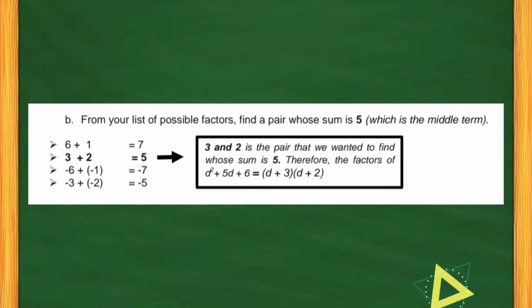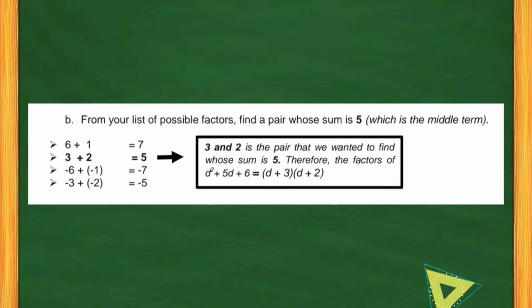For the next step, let us check all the factors. Tingnan daw natin sino naman ang magbibigay sa atin nung number na makikita dun sa middle term. Ang middle term natin ay isang positive number. That is positive 5. Now, if we are going to add the factors listed, sino kaya ang magbibigay sa atin ng positive 5?